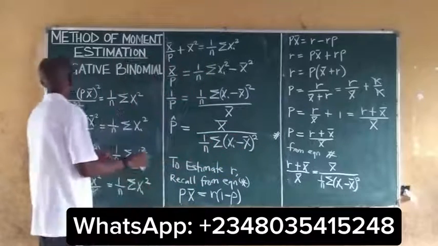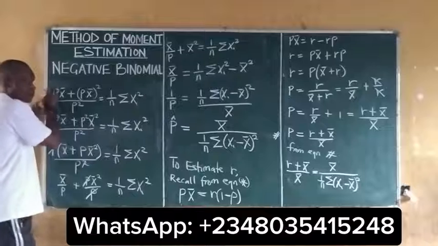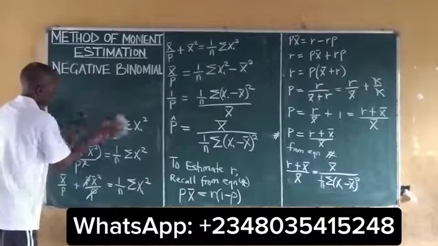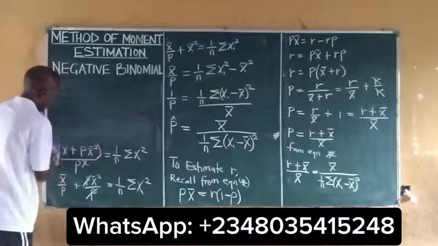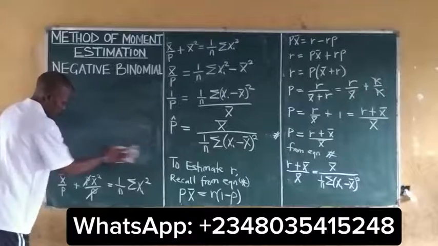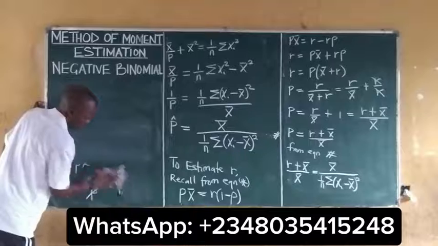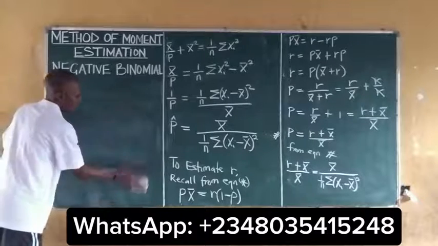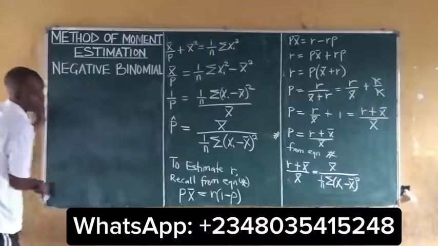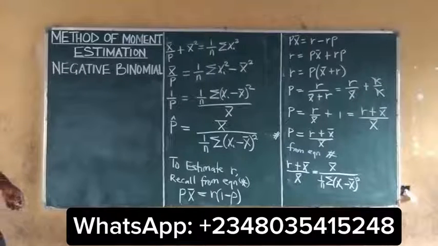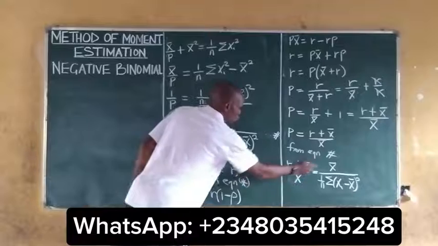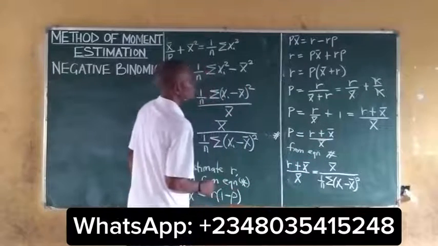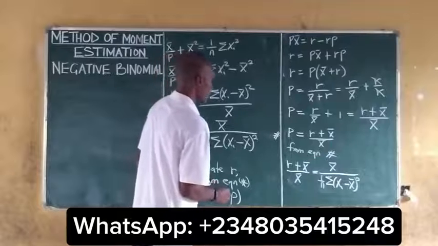We still come over to this side. So this will go here, while this will go over to the other side.